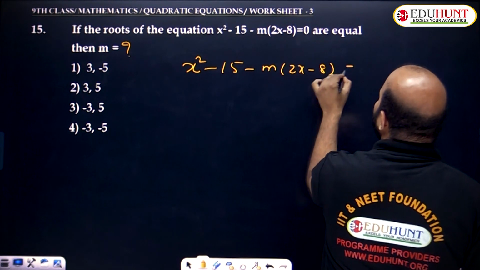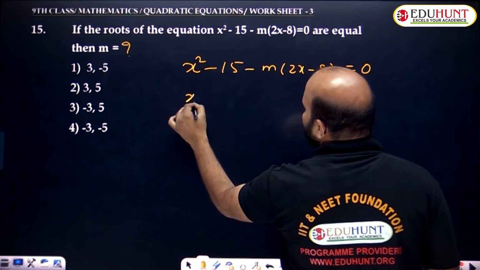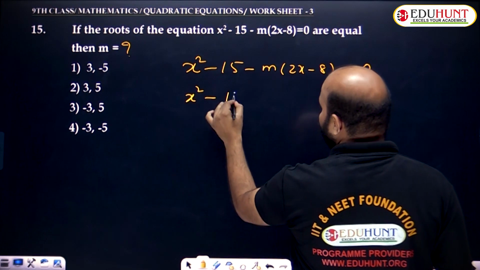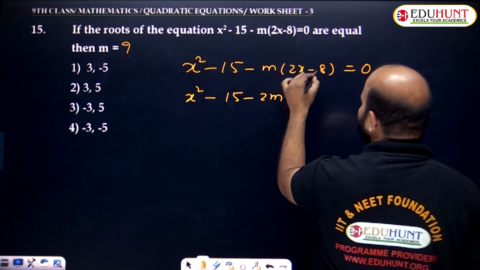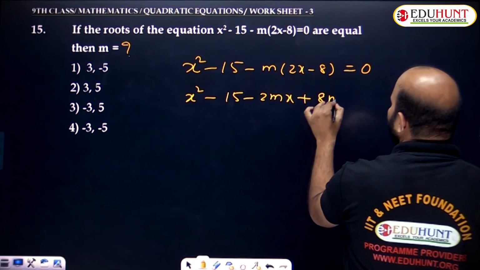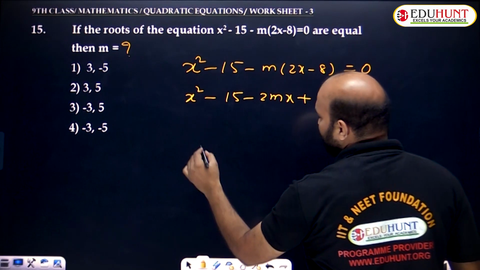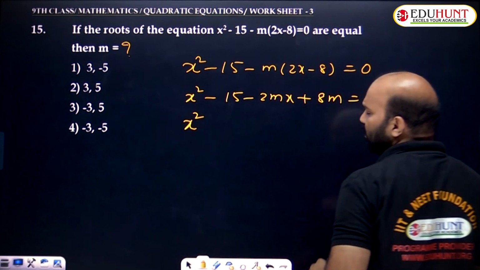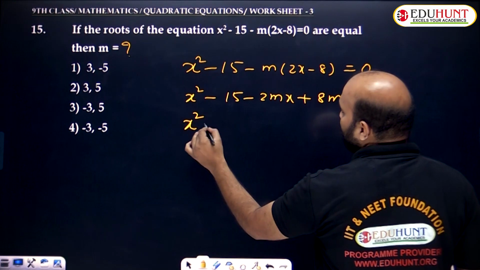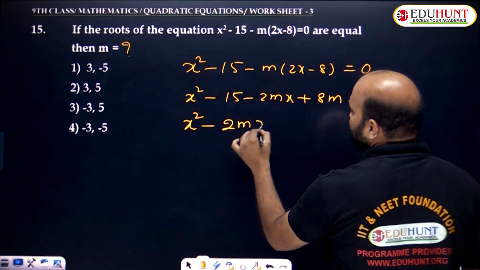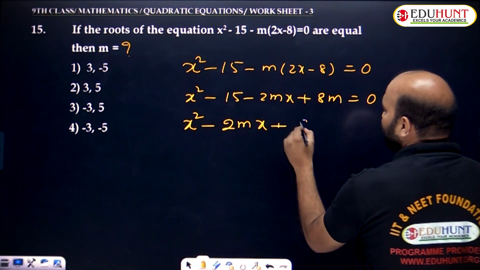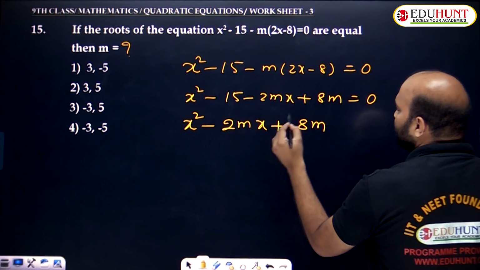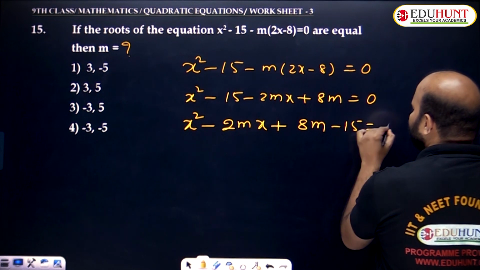So it can be extended: first term x square, minus 15 minus m into 2x, that is 2mx, again minus into minus, plus 8m equal to 0. It can be written in the general form of a quadratic equation. Now it can be written as x square minus 2m into x, the x square coefficient, next the x coefficient, and what is the constant value, 8m minus 15 equal to 0.